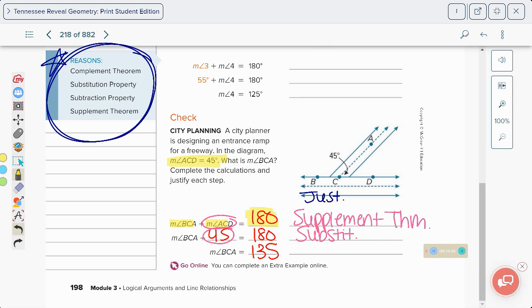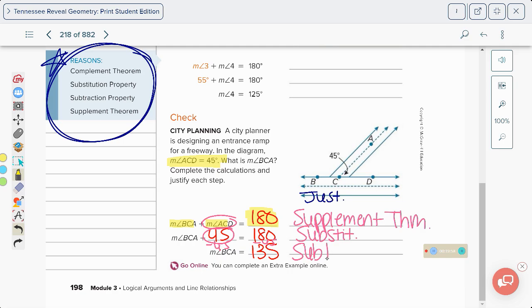And then the final reason or justification, I went from the second statement to the third statement by subtracting 45, right? If I subtract 45 from both sides, that's how I turned that 180 into a 135 degrees.